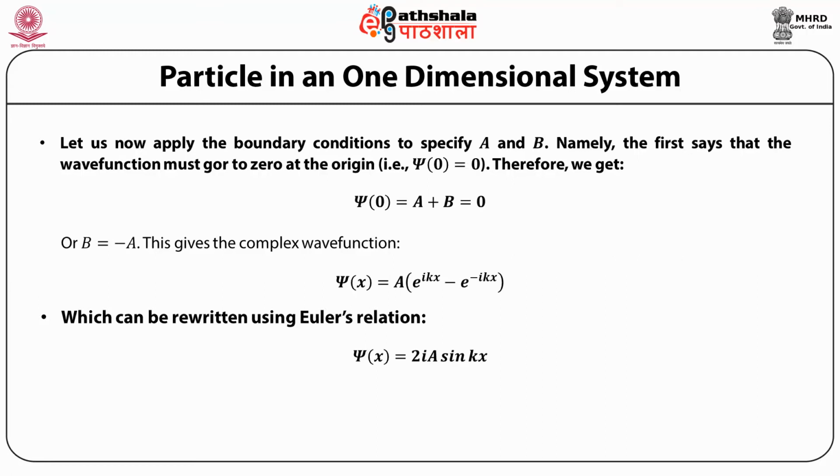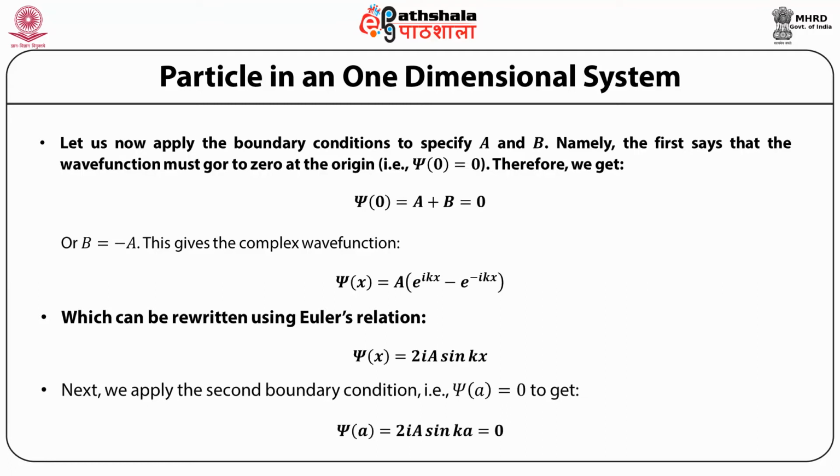Now, if we apply the second boundary condition, we get psi(a) equal to 0, that is psi(a) equal to 2iA sine of ka equal to 0.